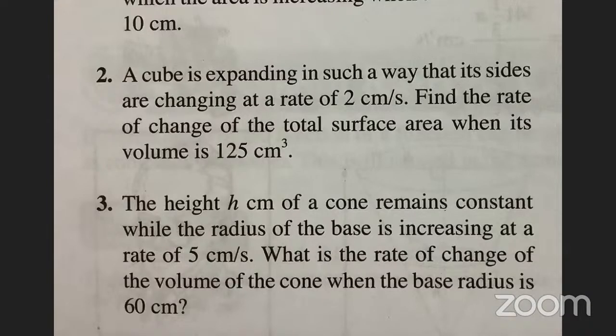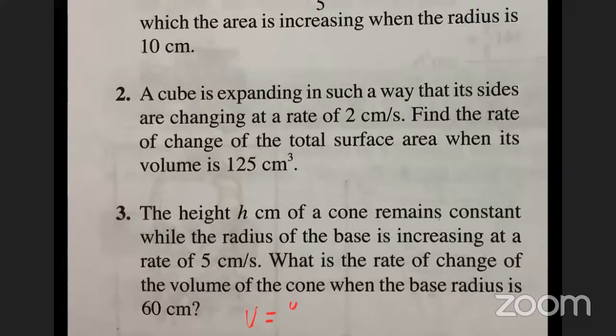What they give it here? 4/3 pi r cubed here. That's part 3. Try part 3 first, and then number 2, because 2 is a little more work, the total surface area.